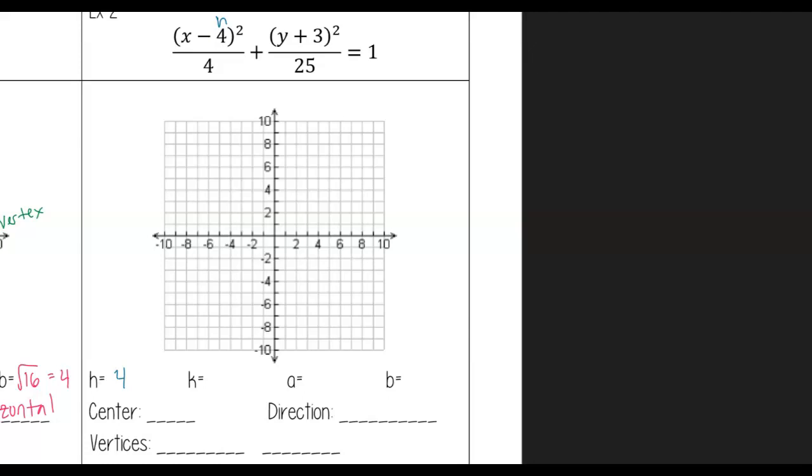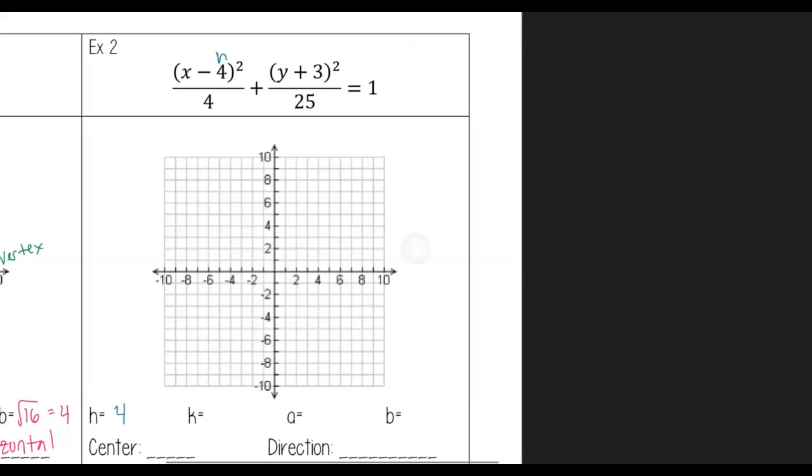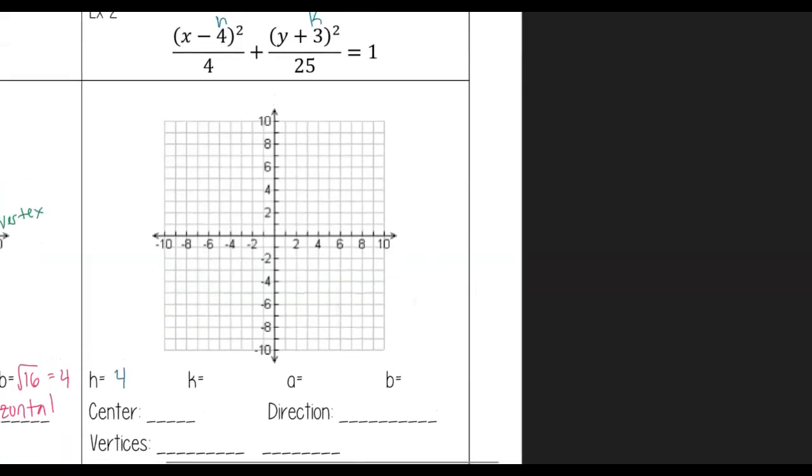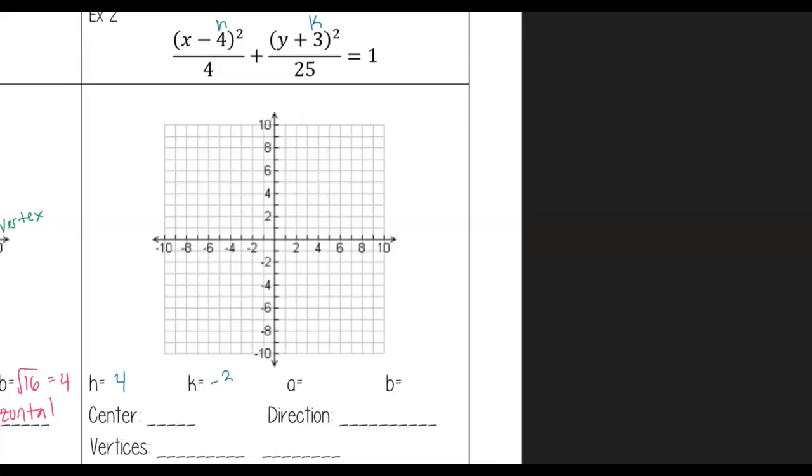What is our k value, Kate? Yes, exactly, Abby. Kate, is Kate not here? It's okay. All right. So yes, k is always being subtracted from y, so our k value is a negative 3, meaning our center is (4, -3).